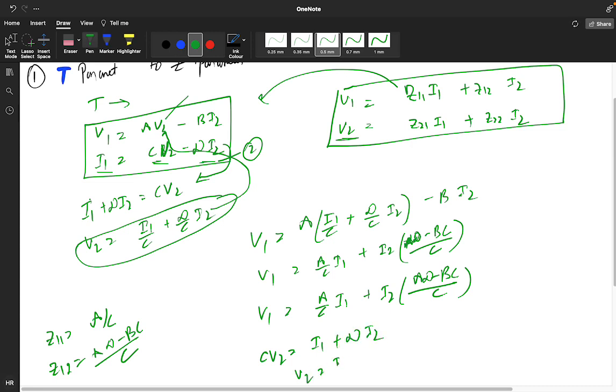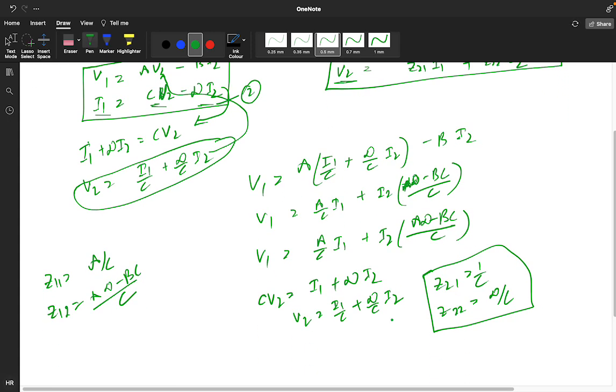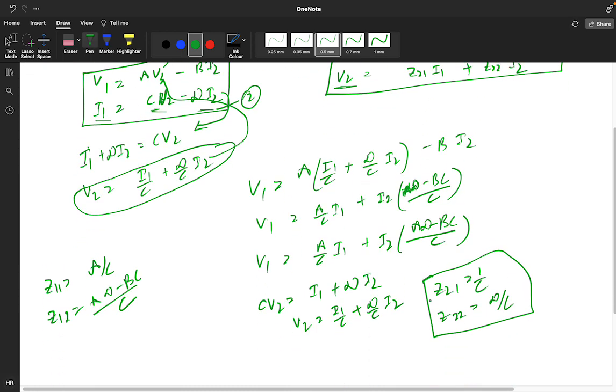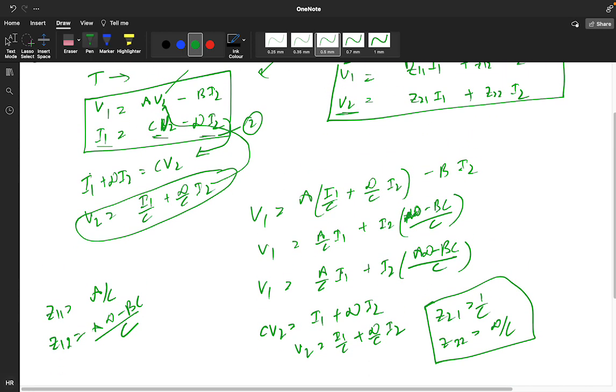V2 is equal to what? I1 by C plus D by C I2. So what is the value of Z21? Z21 is 1 upon C. What is the value of Z22? It is D by C. It's clear. How we did it? Prasanna, it's clear? Yes, sir.